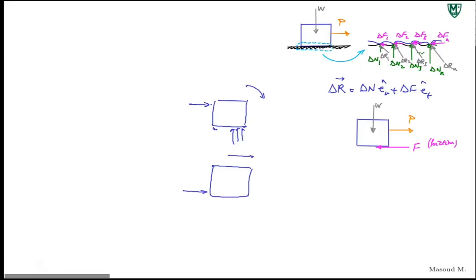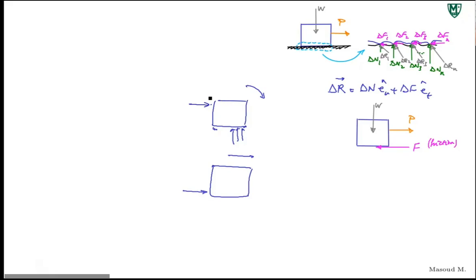So it's not that easy to figure out where we should put this friction and the normal force on the box. Where is the point that we should decide to put this? This box has some width.